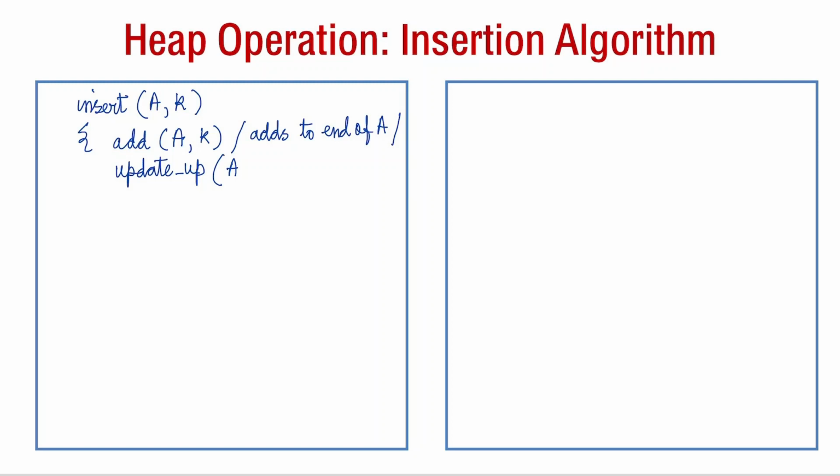Once I add this, I will get a node n, which gives me access to the node n, and I will update it upwards. I will add this at the end of the heap, get a pointer n, which is the index of that array, and update it upwards. So how does the update up algorithm work now? We have seen how it works.